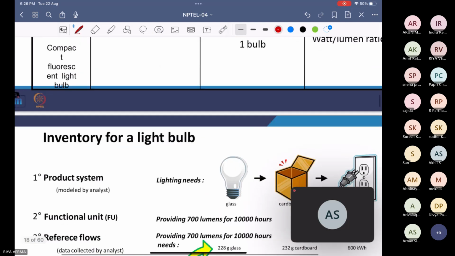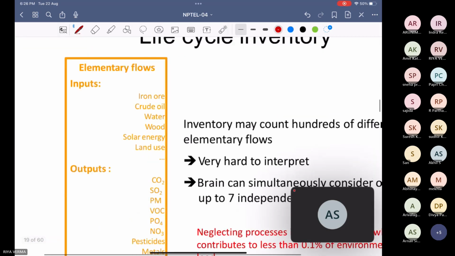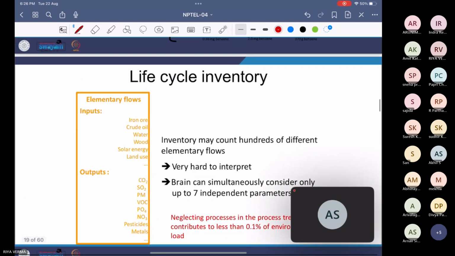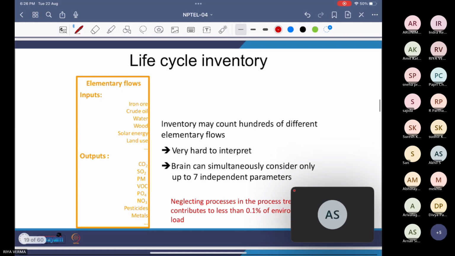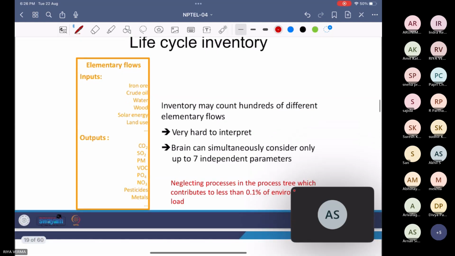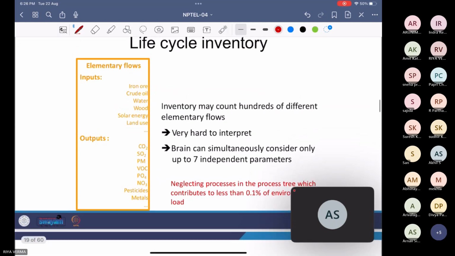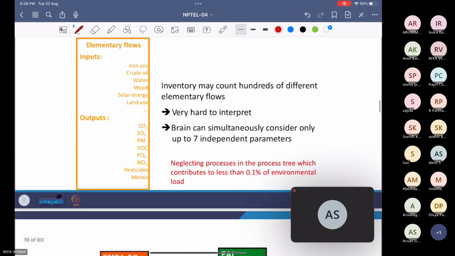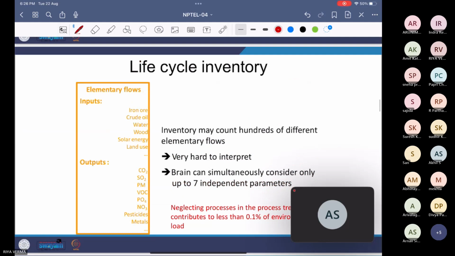We have defined the functional unit, we have created inventory. Now, we've also discussed this. For the elementary flows, we have certain inputs and outputs, but inventory makes out hundreds of different elementary flows.